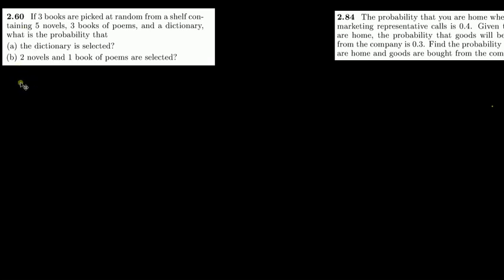Let's get my pen to work. Okay, so let's start with the probability that the dictionary is selected. So, in this type of problem, we're going to need to think about all the different ways that 3 books could have been selected.